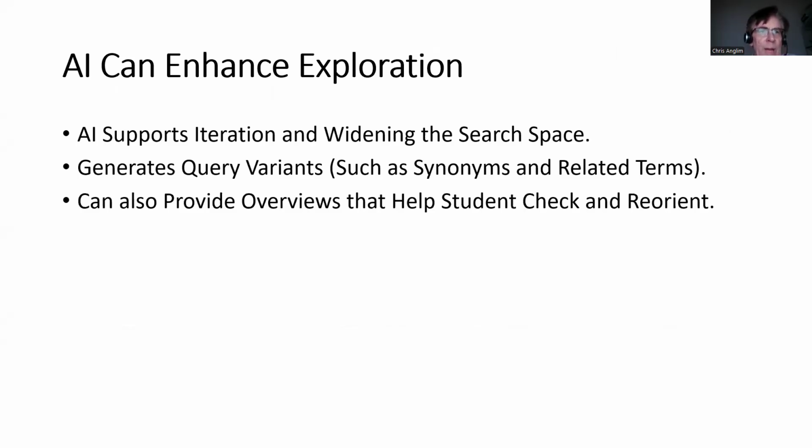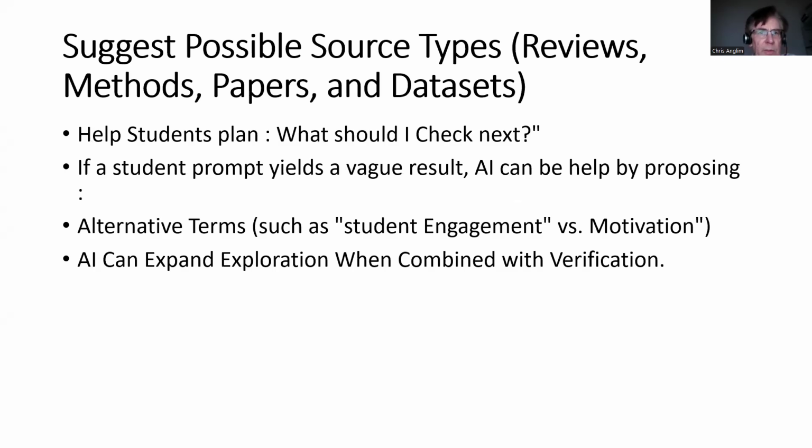So AI can enhance exploration. It supports iteration, or changeability, while also widening the search space. It generates query variants such as synonyms and related terms. It can also provide overviews that help students check and reorient themselves to get to better answers.